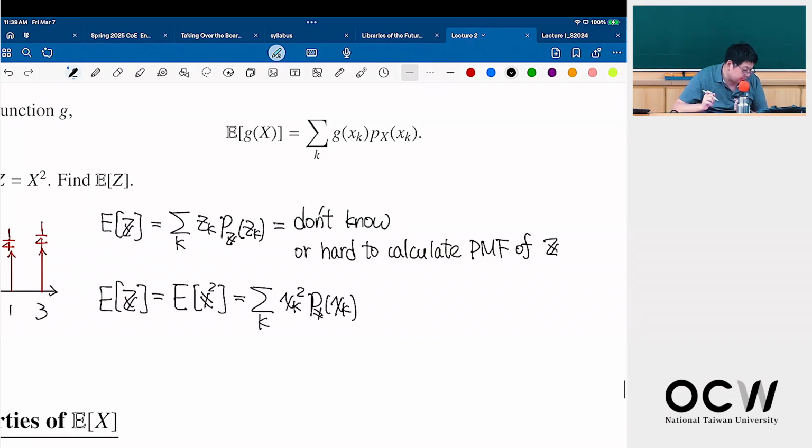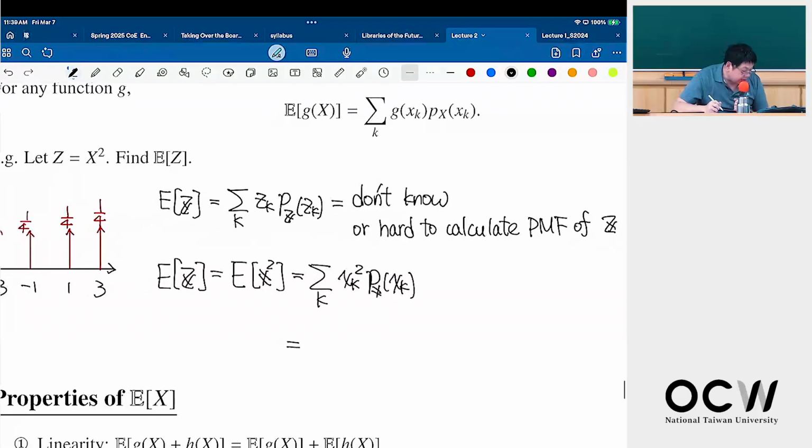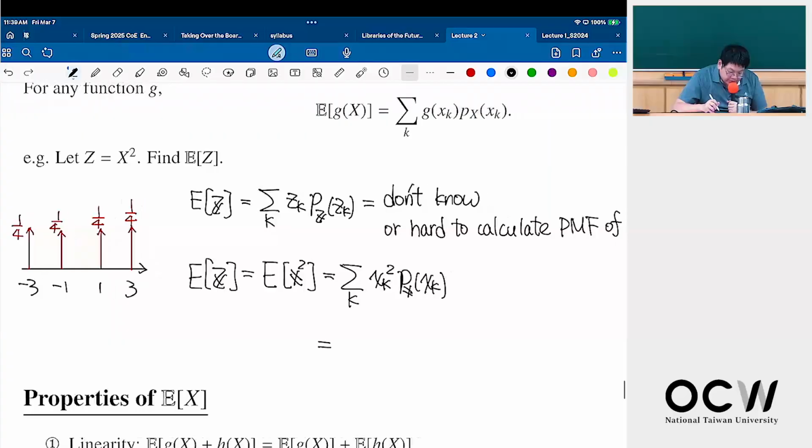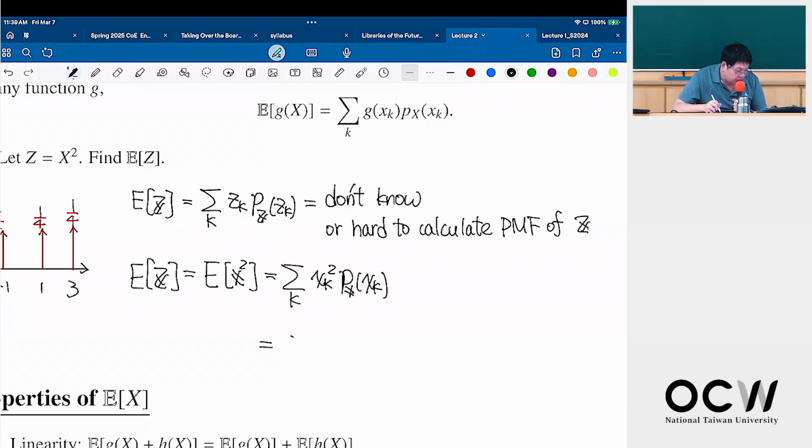In this case, my possible function of outcomes will be -3 squared, -1 squared, 1 squared, and 3 squared.